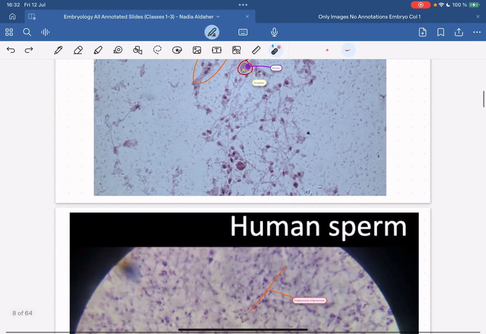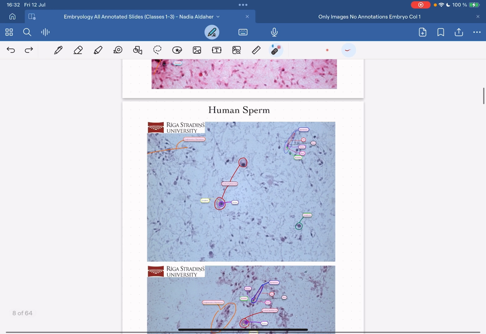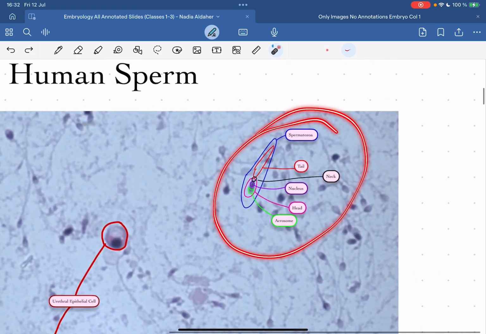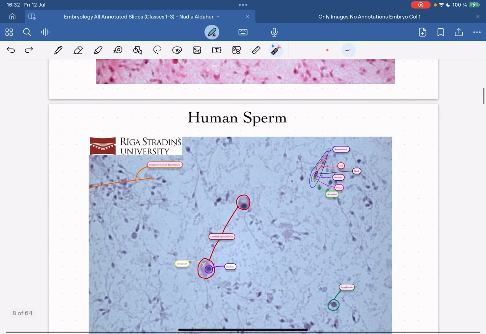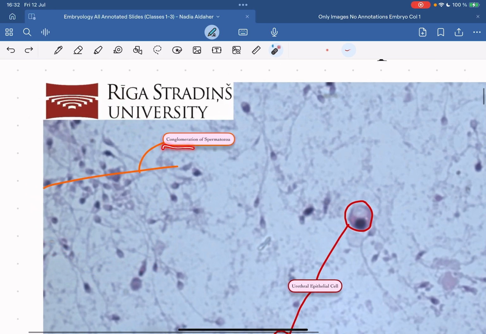Okay. The last thing about human sperm that I would like to mention, other than the different segments of the spermatozoa, is the name we use to describe a bunch of spermatozoa that is stuck together. So this area we call the conglomeration of spermatozoa.